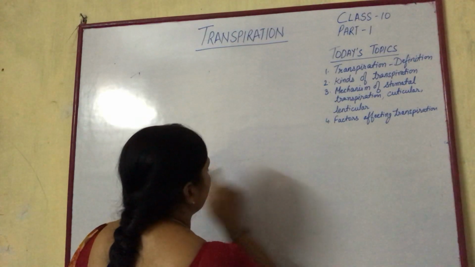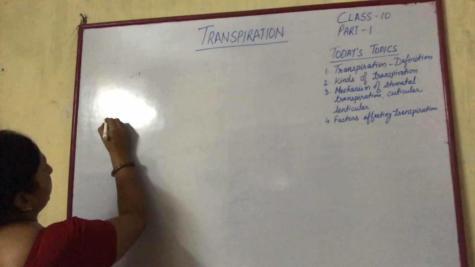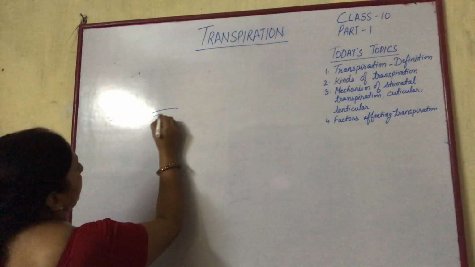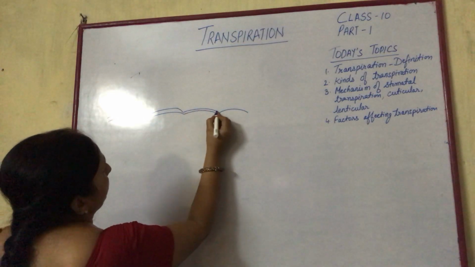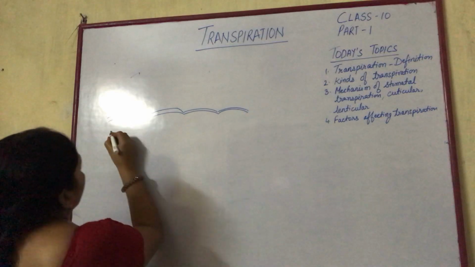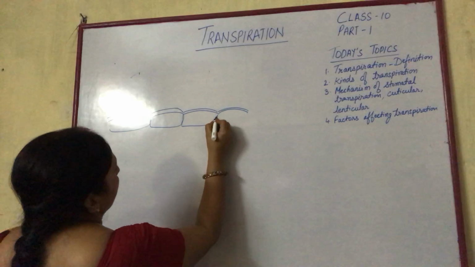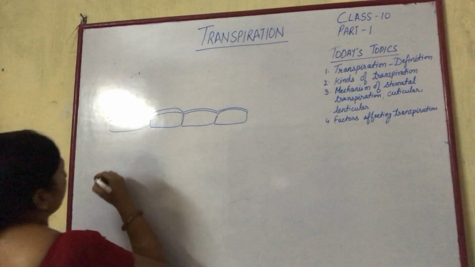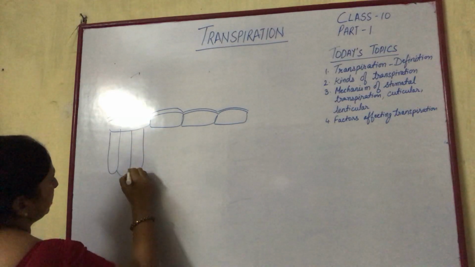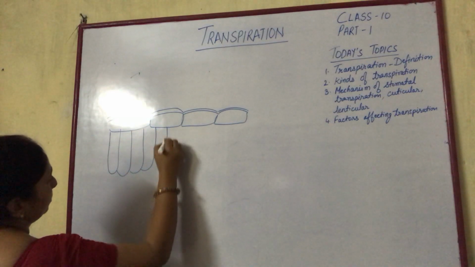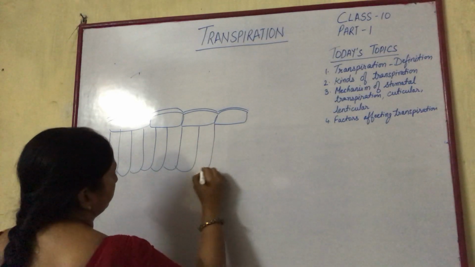If we cut a vertical section of a leaf, then the structure that we get is somewhat like this one. These are the epidermal cells covered with a thin layer of cuticle. Next to the epidermal cells are rectangular cells, which are the palisade parenchyma.